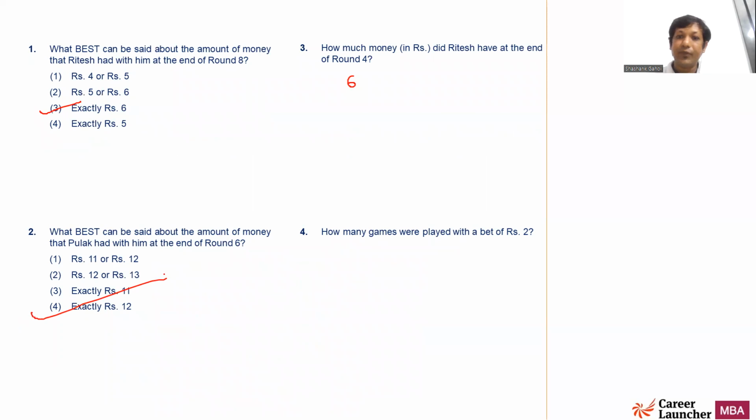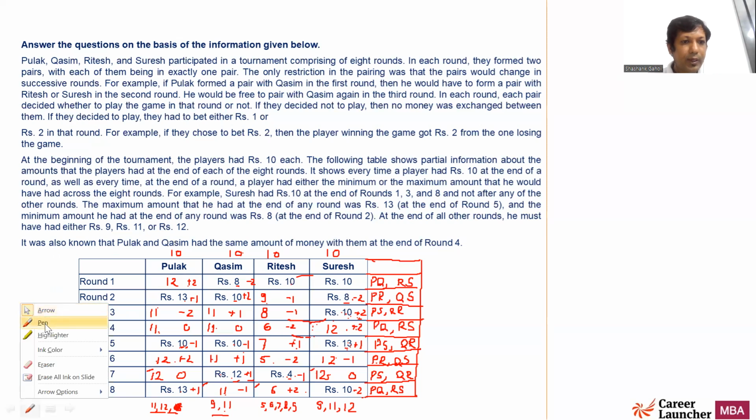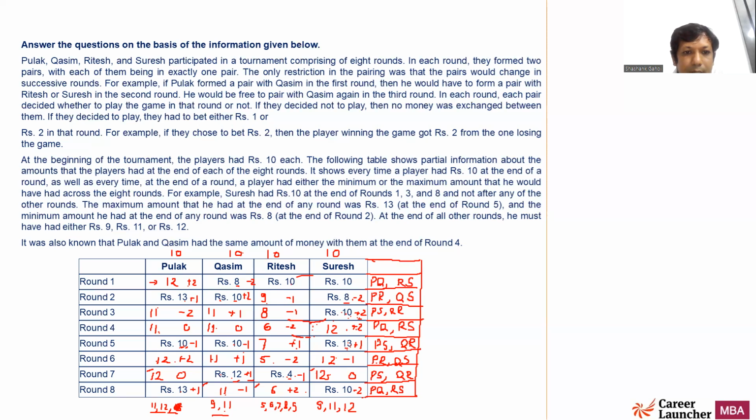How many games played had a bet of 2 rupees? Okay. So in round 1, this was the game that had 2 rupees. In round 2, Qasim and Suresh had a game of 2 rupees. In round 3, P and S had a game of 2 rupees.